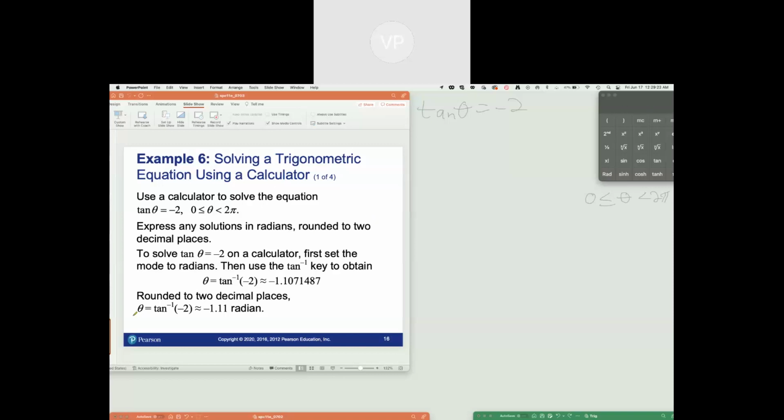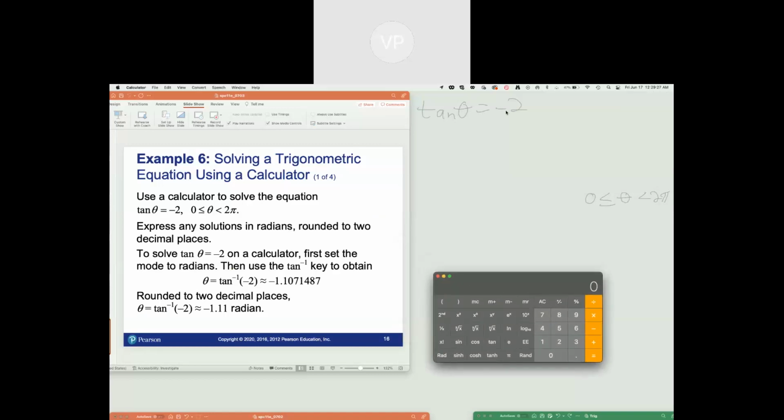All right, so in the calculator, I'll show you how to punch this up. Remember, this is a different process, but we're going to use the rewrite of this and say theta equals inverse tangent of -2. We're just doing the rewrite of this.